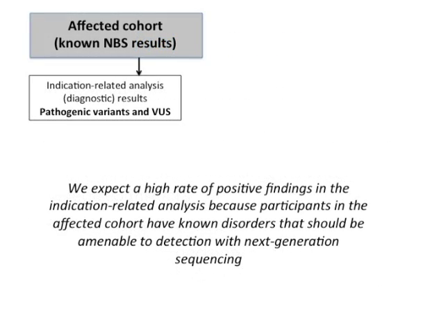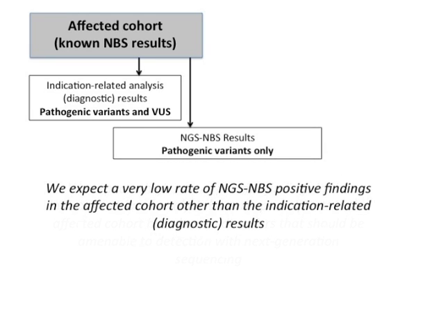For the affected cohort, we'll report back both pathogenic variants and variants of unknown significance in genes related to their underlying condition. So we expect a high rate of positive findings in that group because they have known conditions. We also will report back other information regarding these other conditions that we've put into that upper left quadrant category, but those will only be definitely known pathogenic results.